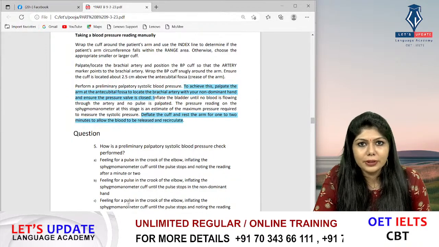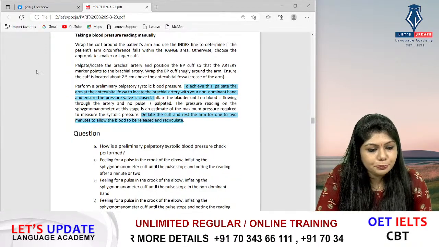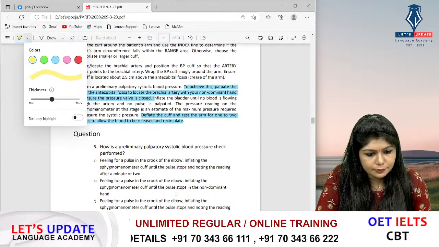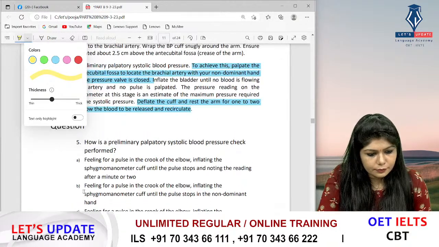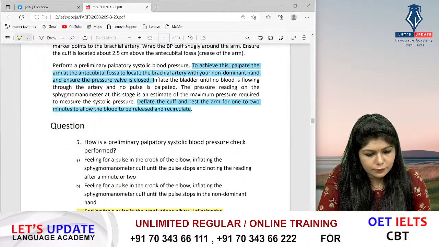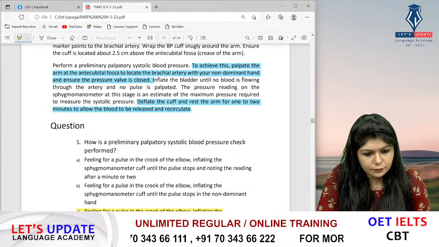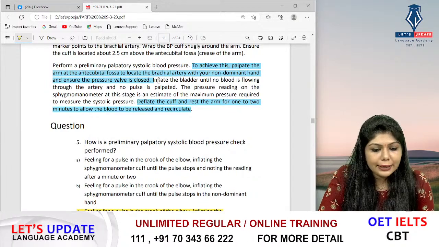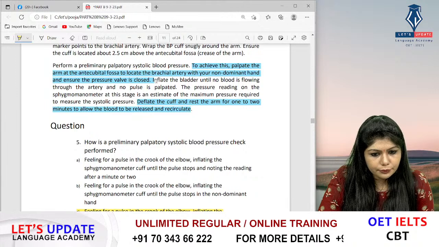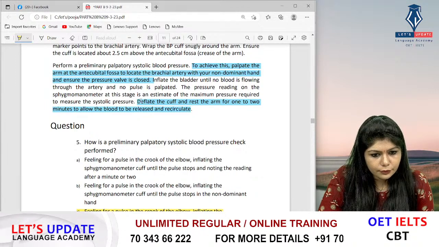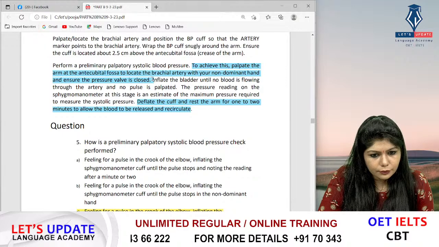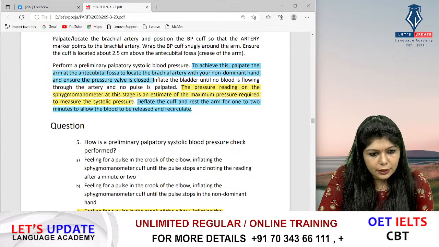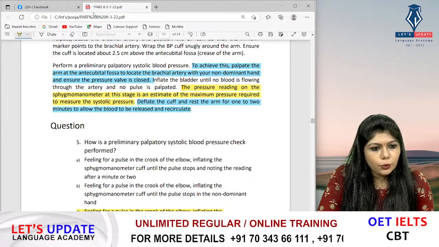That is suggested from the extract, which is why the correct answer is option C. That is definitely implied from this paragraph. I hope this is clear to you.